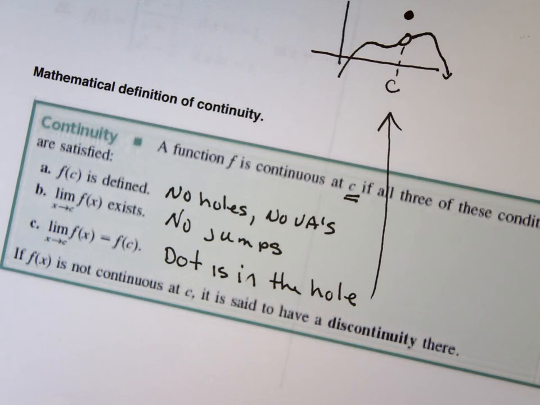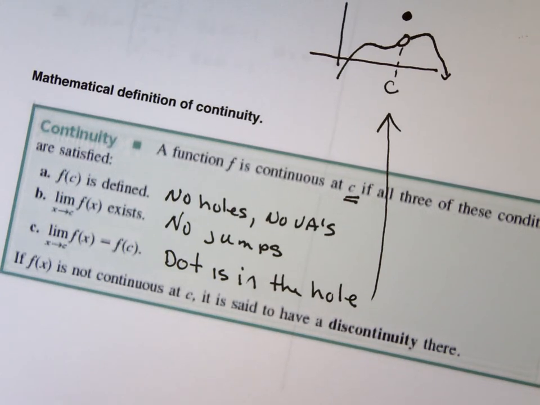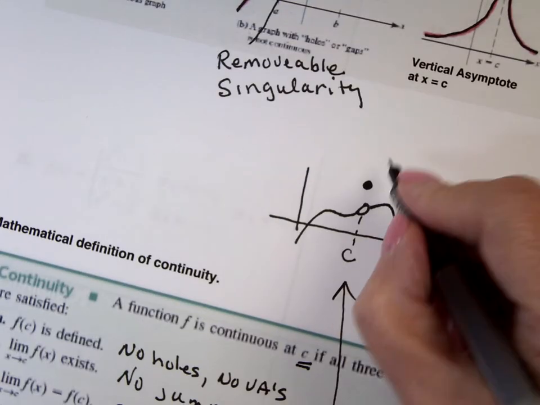Because if f of c is defined, it better dang well be in there where everybody comes together. And see, this would be f of c.